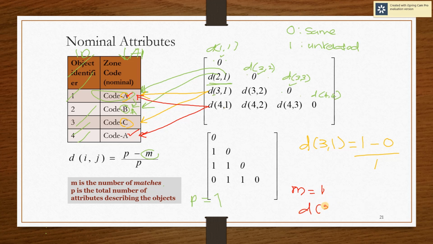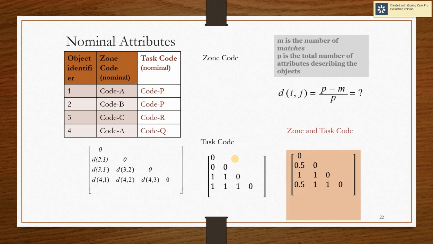So D4,1 is equal to 1 minus 1 over 1, so this one would be value 0. That is why this is 0. Always remember this is a triangular matrix, because this value gives the same value to its reflection here. I know you are math students, so I think you can understand this better than others.